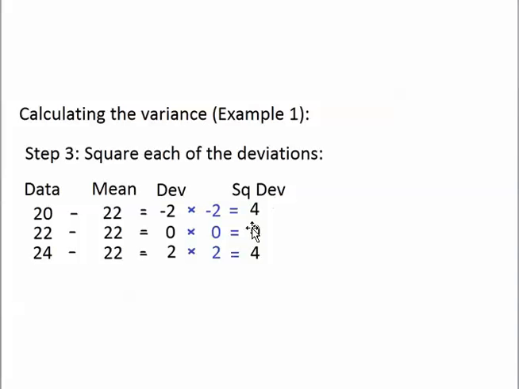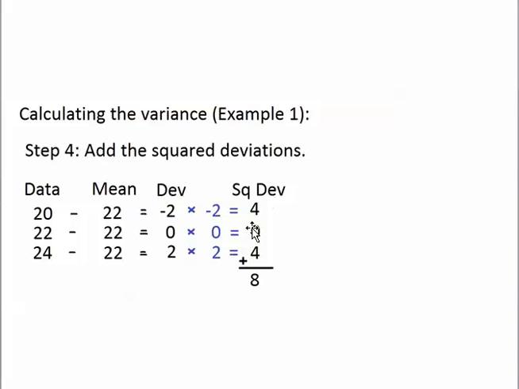These are our squared deviations in this column. Step 4, we add the squared deviations. They add up to 8. And now we need to find the mean of the squared deviations, because the variance is just the mean of the squared deviations.